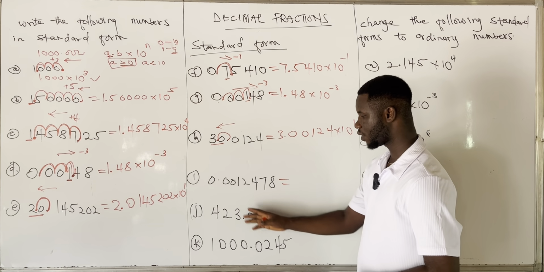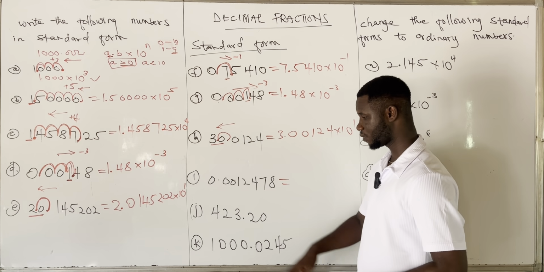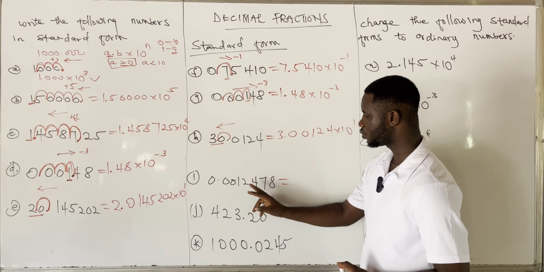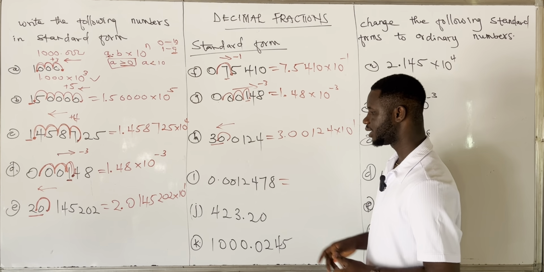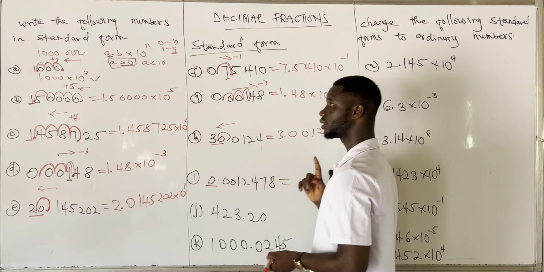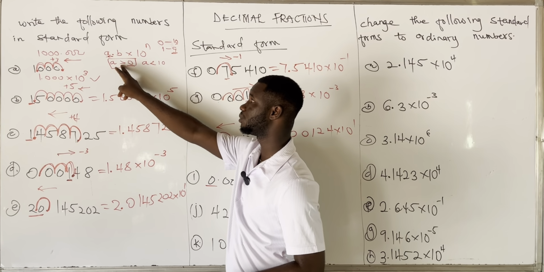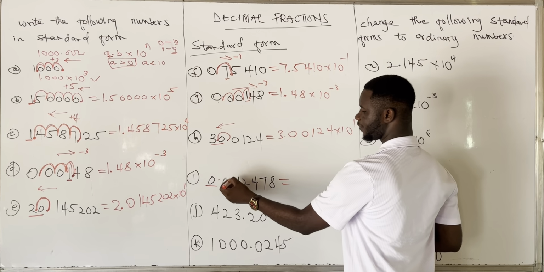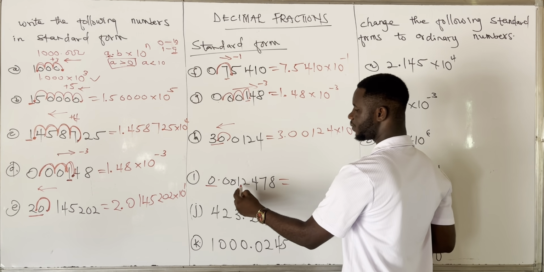Then you solve the G and K yourself and put your answer in the comment section. So 0.0012478. This number must be greater than what? 0. The A must always be greater than 0. So we have to move and search for a number that is greater than what? 0.